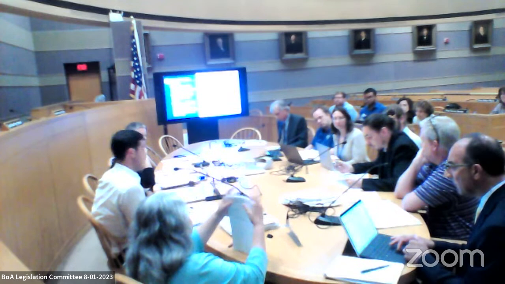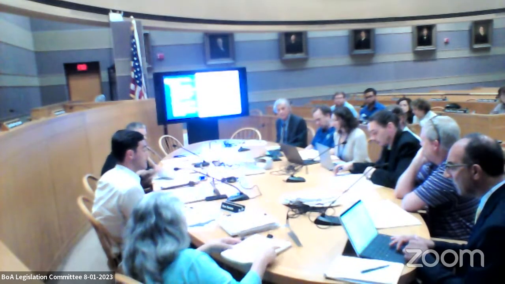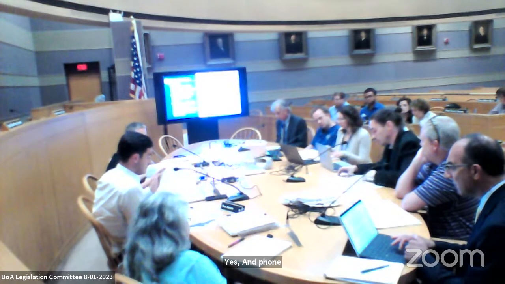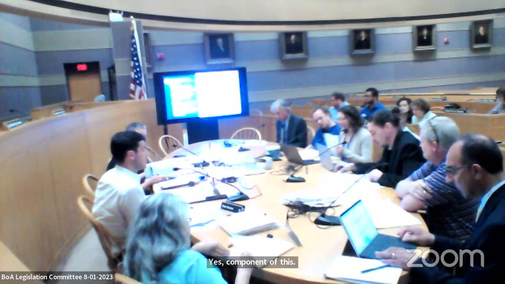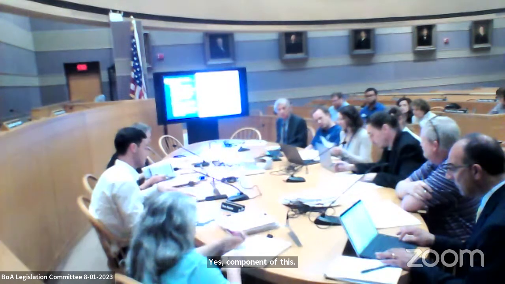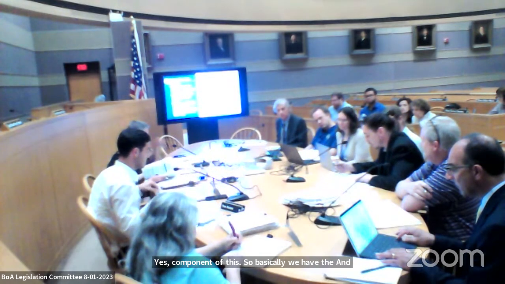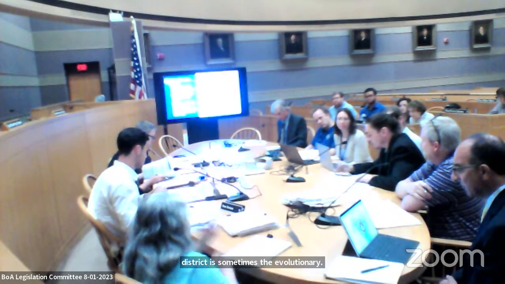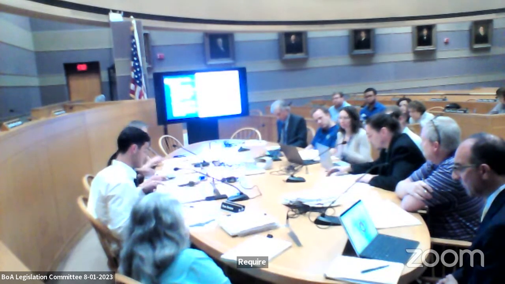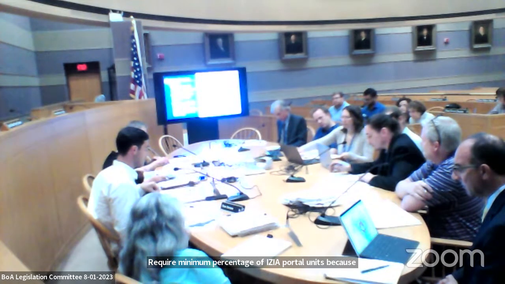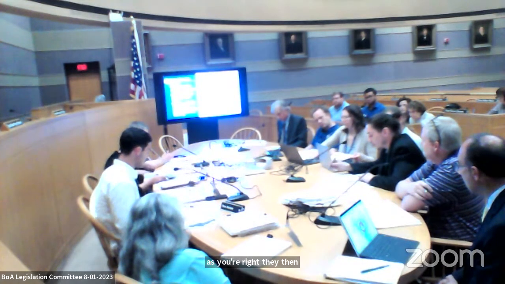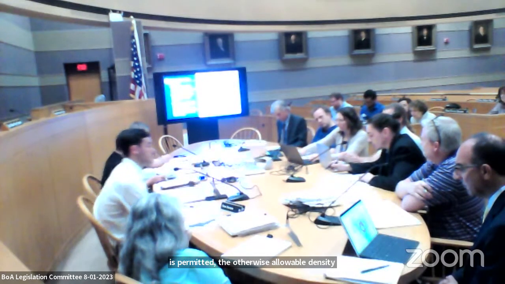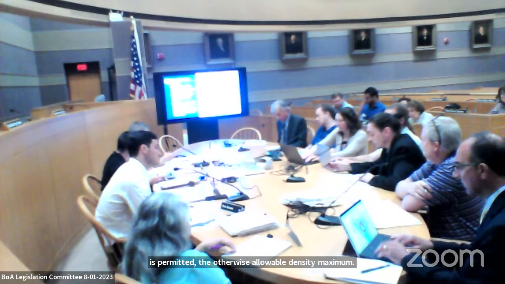Yeah, so section 43C3 mentions the IZ component of this. Basically the MU districts are subject to the inclusionary zoning ordinance requiring a minimum percentage of IZ affordable units. So the total number of dwelling units permitted exceeds the otherwise allowable density maximum. The unit total given for the IZ ordinance shall prevail.